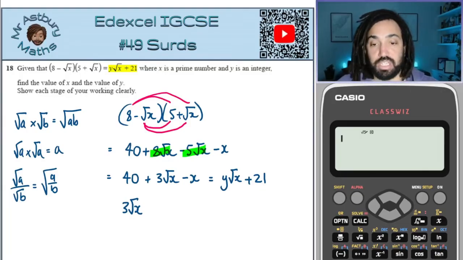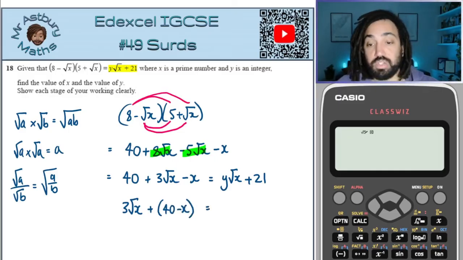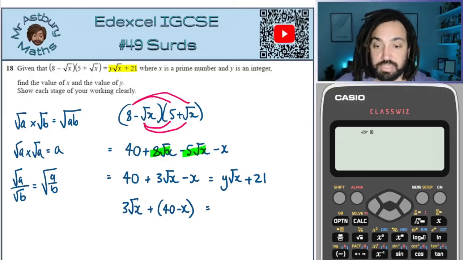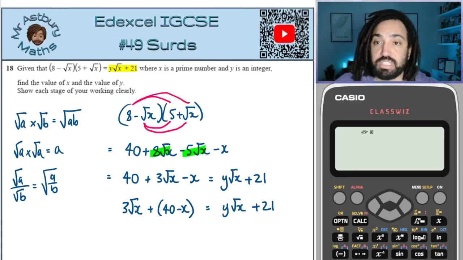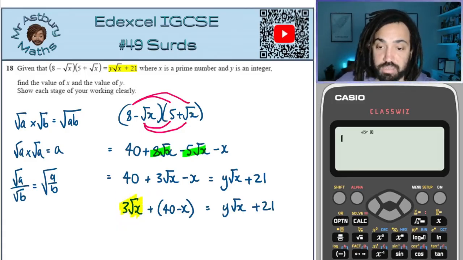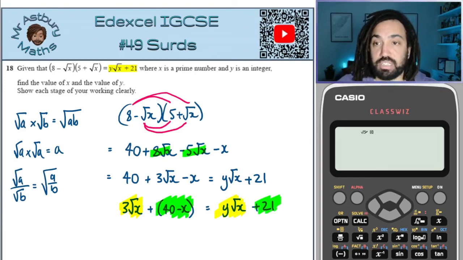Now that is a surd. And then we also have, I'll put in brackets, 40 minus x, which is a non-surd, that's a rational number. And then on this side we've got this and we've got this. So once again, this is the surd part, which should match with the surd part on this side. And this is the non-surd part, which should match with the non-surd part on that side.